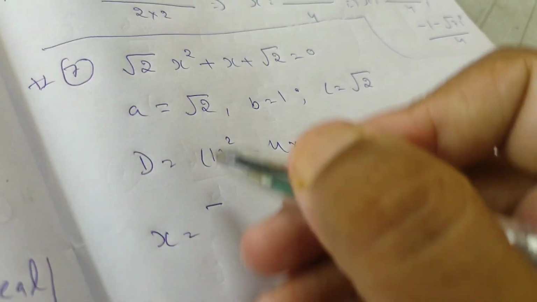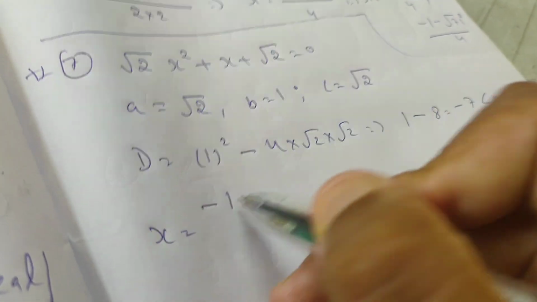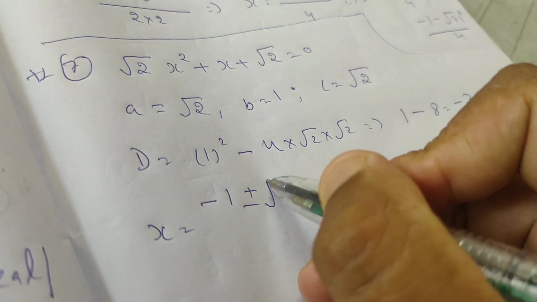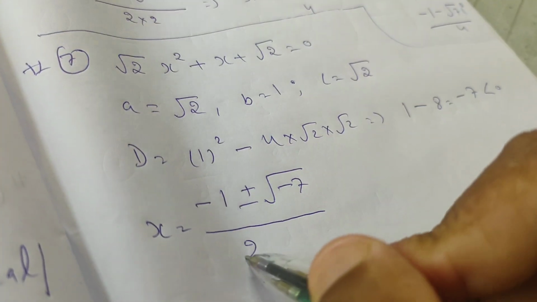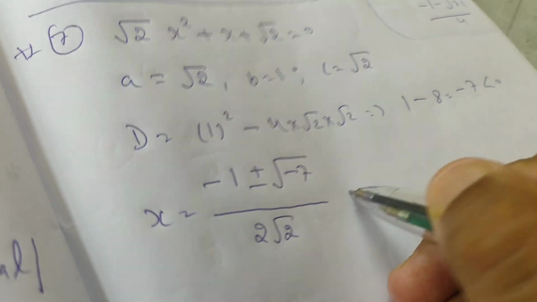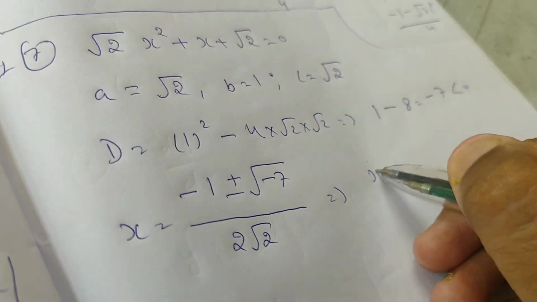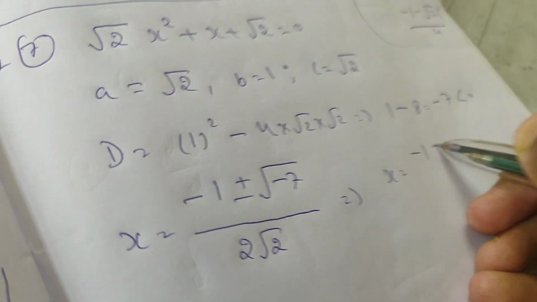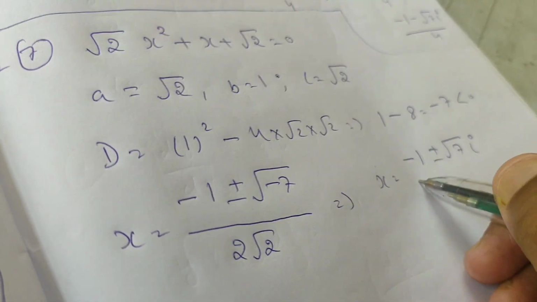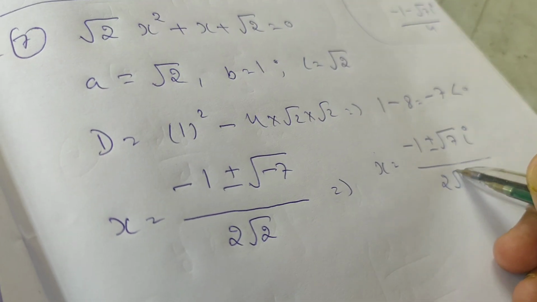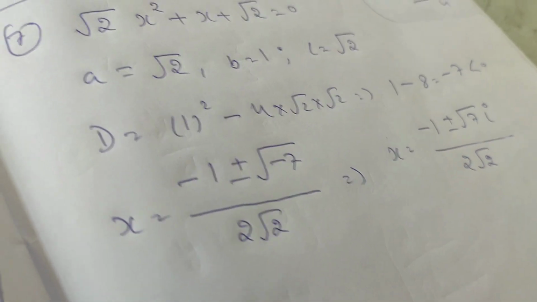That is minus b, minus 1 plus minus under root of minus 7 by 2a, that is 2 under root 2. So what will we get? x is equal to minus 1 plus minus under root of 7 iota divided by 2 root 2. Either rationalize it or not.